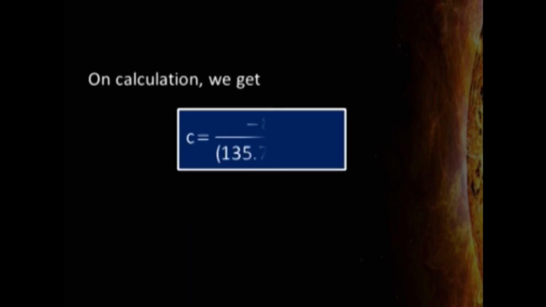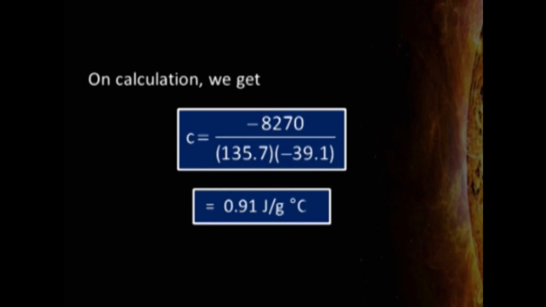Here on calculation we will get C, which is the specific heat capacity of the metal, equal to minus 8270 divided by 135.7 multiplied by minus 39.1, which is equal to 0.91 joules per gram per degree Celsius.